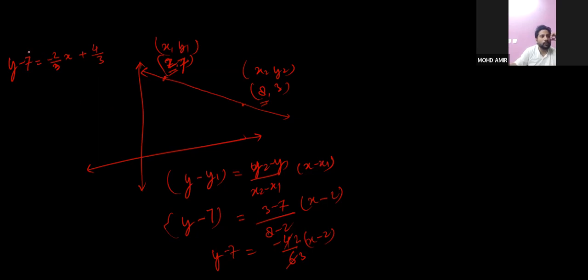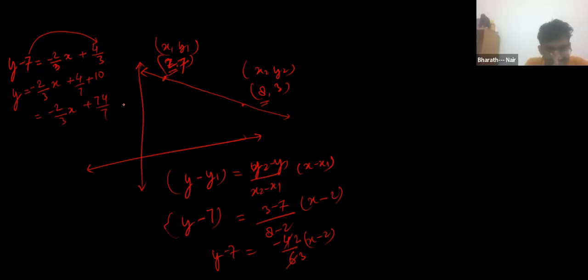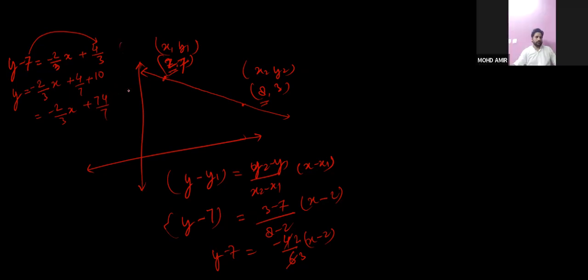Okay, so when we transport this 7 from left to right, its sign will change and it will become positive, so it will become negative 2 over 3 x plus 4 by 3 plus of 7. I had a slight mistake, I guess. The intercept, I had a mistake.